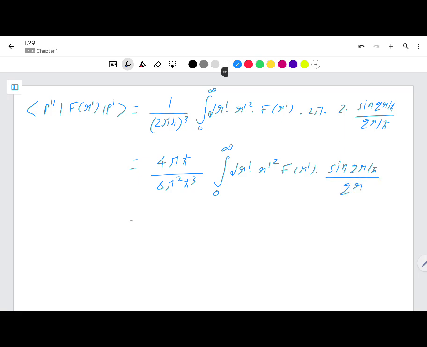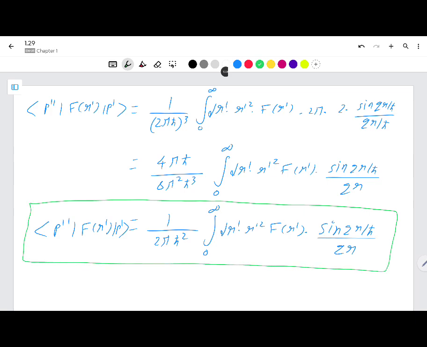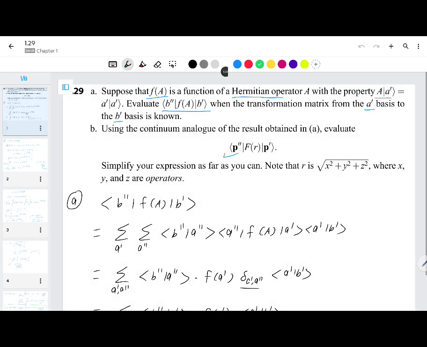Okay, so this will be 2 pi h bar squared. So this is okay. So this is what it looks like. We are trying to simplify the expression as much as we could, and this is what it looks like.